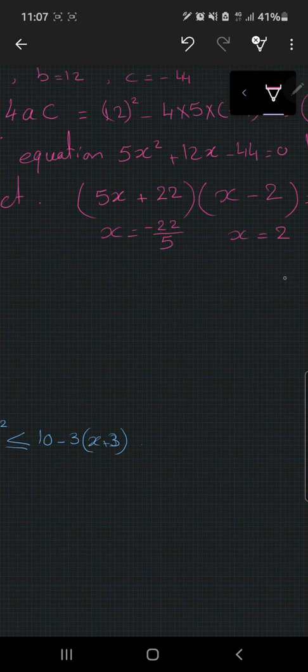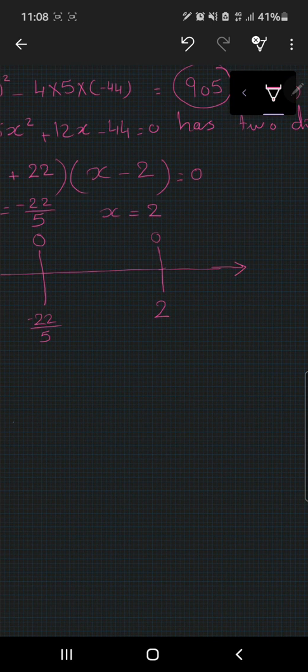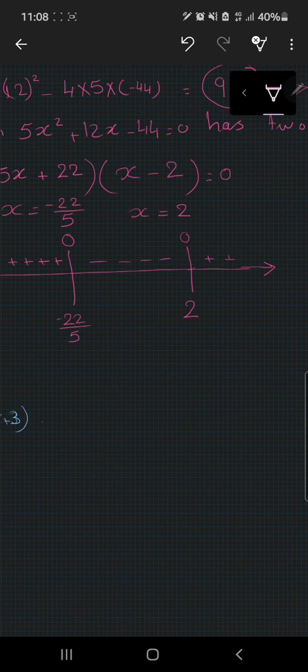Draw the number line. f of x equals 0 when x equals negative 22 over 5, and f of x equals 0 when x equals 2. The sign is opposite as the coefficient.